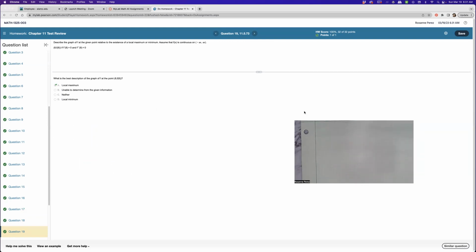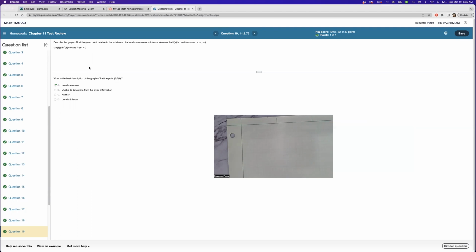Okay, it's giving you some information and it's asking you to determine if this is a local maximum or local minimum. Given these details, okay, so basically they're giving you all this definition information.